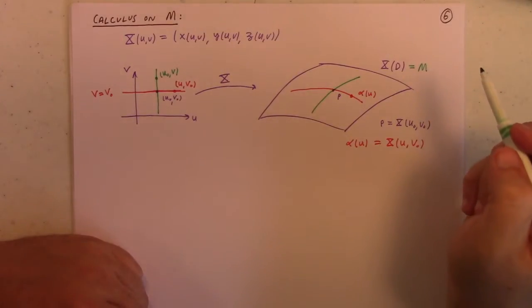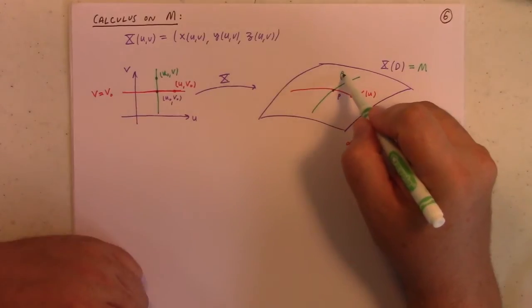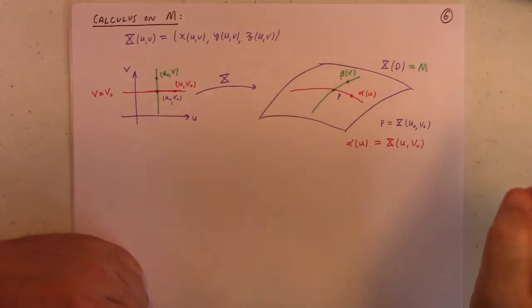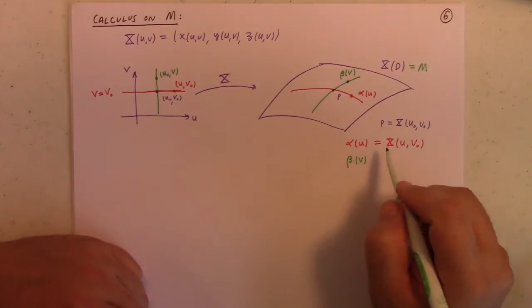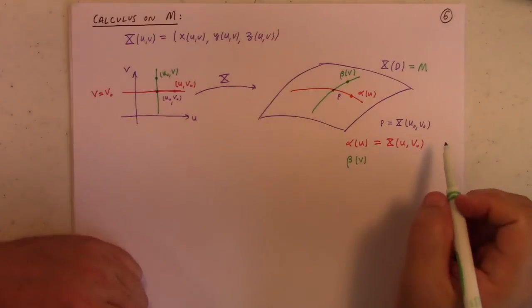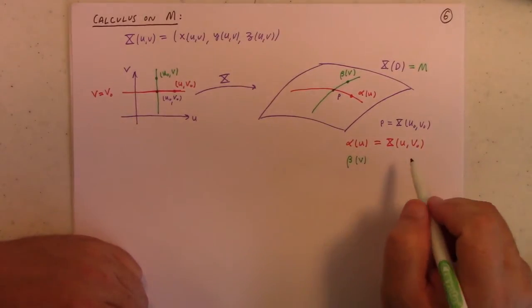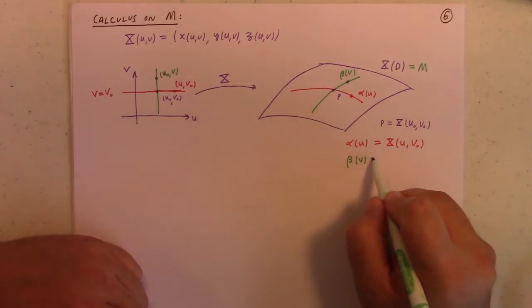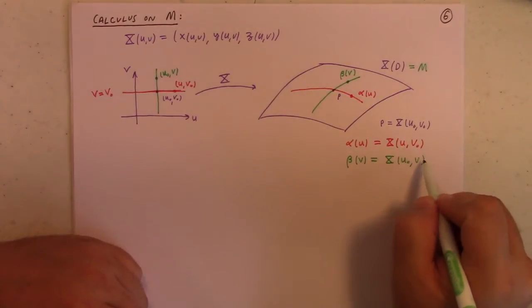You can do it at each point. And that point, I would say, would be beta of v. Now beta is the other coordinate curve. So alpha I'm using for the moment as my notation for the u coordinate curve, beta the notation for the v coordinate curve on the surface, and beta would be x of u naught v, like that.